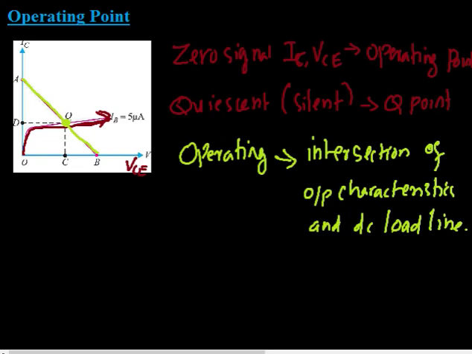So the operating point of a transistor connection is determined by finding the intersecting point of the output characteristics and the DC load line. Determining the operating point is important to check the transistor action. Thank you.